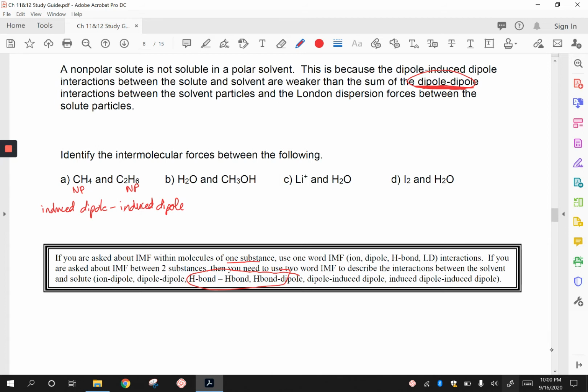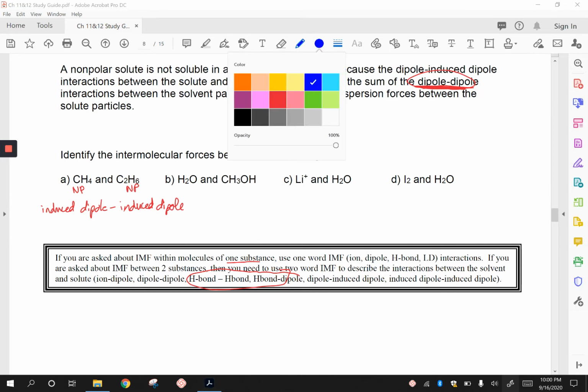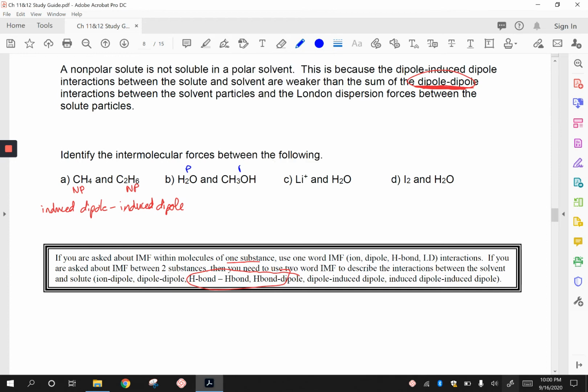Just for the C2H6 particles together, that's London dispersion. But you mix them together and we call it induced dipole, induced dipole. Next one, water and methanol. This is polar and this is polar, so you can call it dipole, dipole interactions. If you want, you can call it H bond interactions. That is totally fine. Either one of those is acceptable. So you can be specific or broad when you're mixing two things.